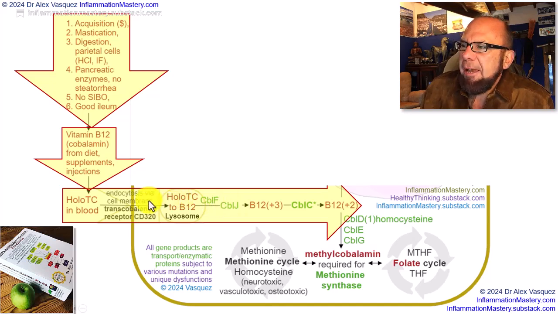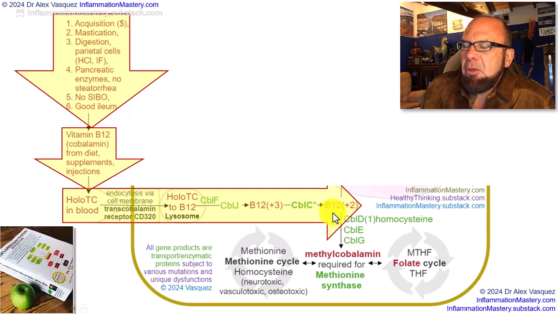Again, once we have B12 inside the cell, after it's been received by the transcobalamin receptor, it enters the lysosome so that the transcobalamin protein can be removed. Now we have B12 being transported by these transport proteins that have a little bit of enzymatic activity. The most commonly mutated of these proteins is called CBLC.